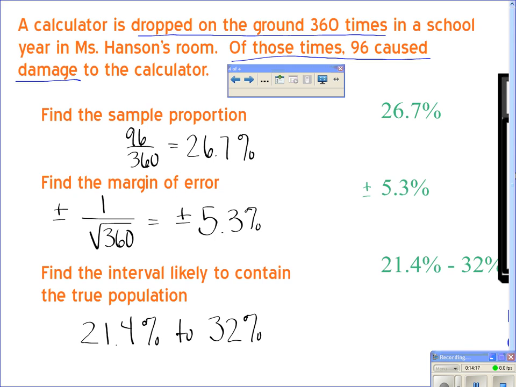The interval, we took 26.7 plus 5.3 and 26.7 minus 5.3, because the margin of error tells us how far in each direction the true answer is going to fall in between those two. Alrighty.